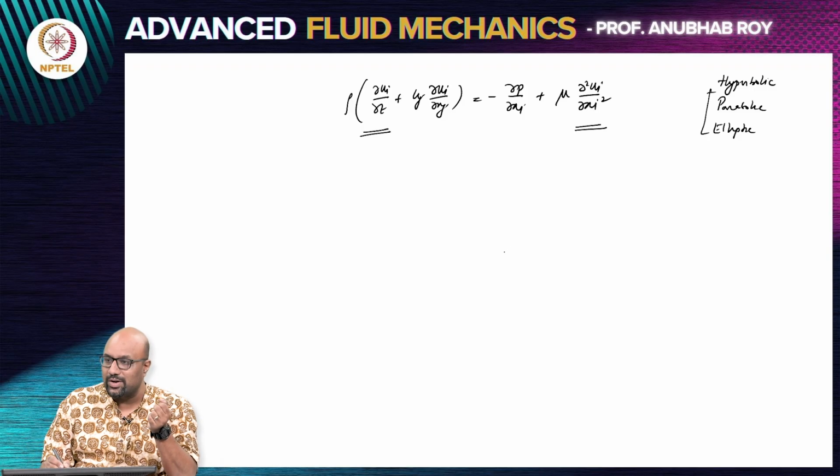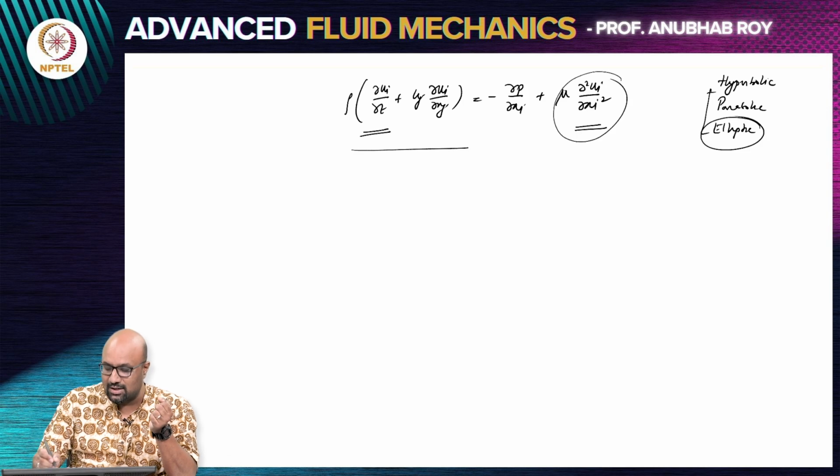The Stokes equation that I described a while back, which completely ignores the acceleration part, has an elliptic nature. Euler's equation, which completely ignores the viscous part, has a behavior that can start showing hyperbolic nature. And the full Navier-Stokes equation goes in between these regimes and can also show parabolic behavior.